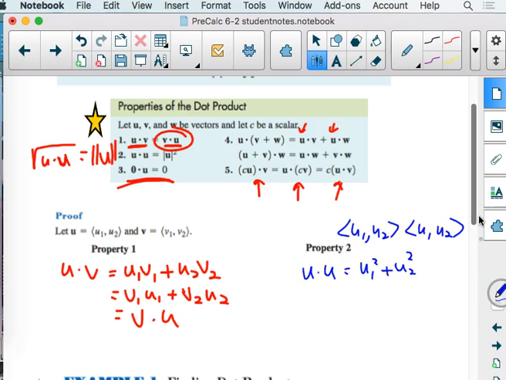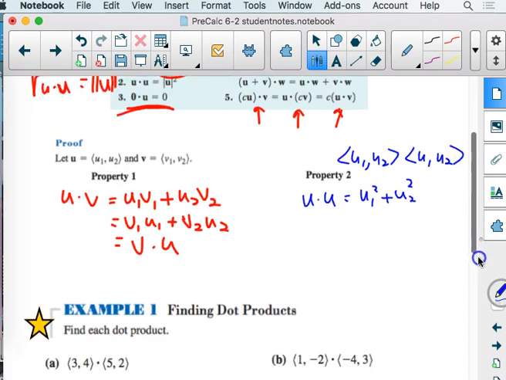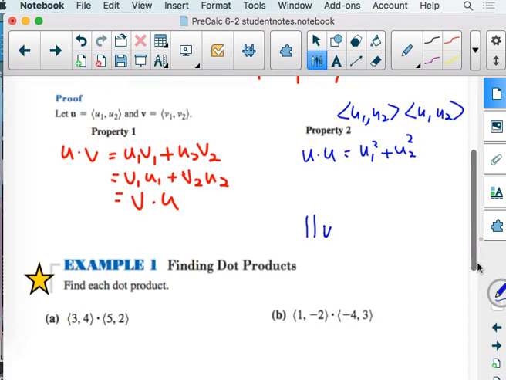I'll have to figure out how to make that the magnitude squared. So now I'm going to work backwards. Magnitude of u squared. So I think, well, what does that equal? That equals the square root of u sub 1 squared plus u sub 2 squared. But then they have that power of 2 up there.